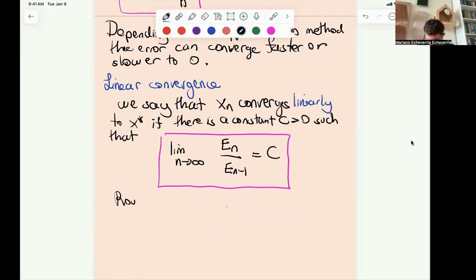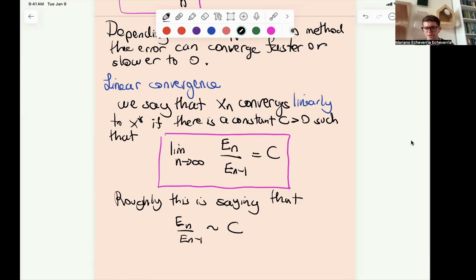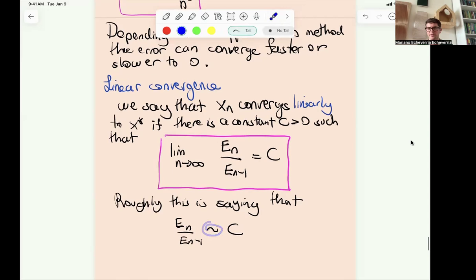Roughly, what this is saying is that En divided by En minus one is approximately a constant. Again, I use this symbol whenever I mean approximately equals. In the limit it's a true equality, but before taking limits, it's roughly true.